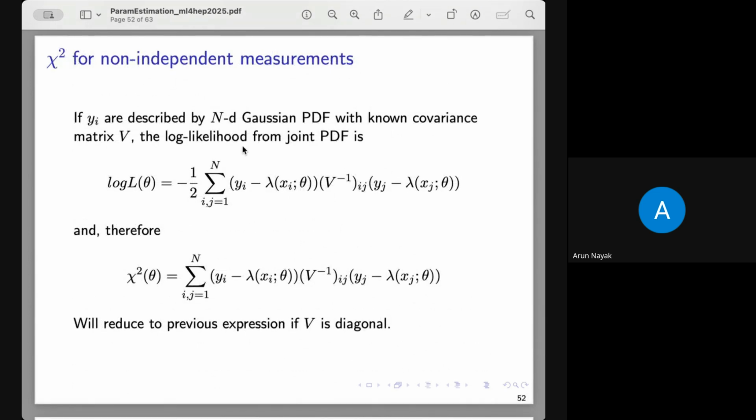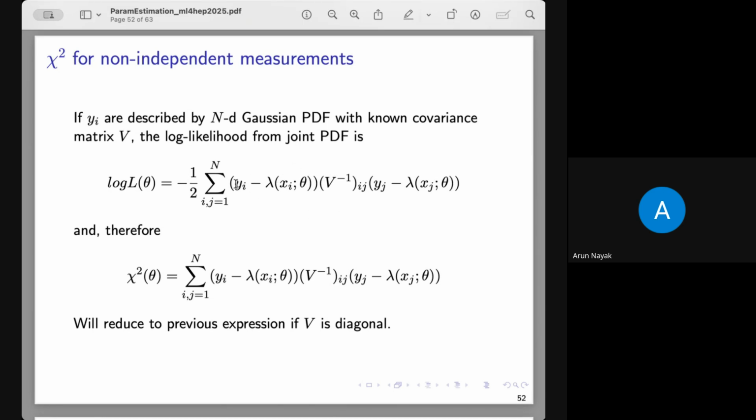In that case, one can describe all the yi as an n-dimensional Gaussian PDF with a known covariance matrix V. Then one can write the log likelihood as the log likelihood of the joint PDF, which can be written in this form.